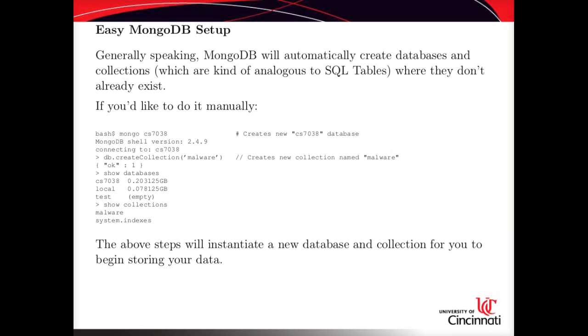This is a really good example of: I'd like to create a new database, and then within that database, I'd like to create a collection called malware. If any of you are familiar with SQL, SQL has a data structure called tables.